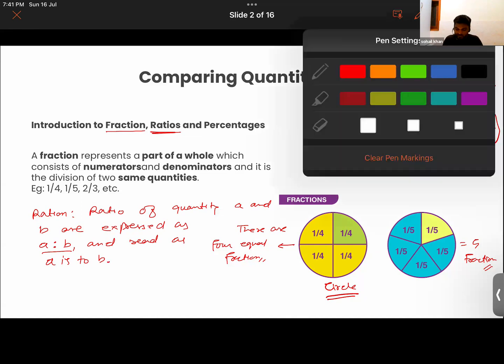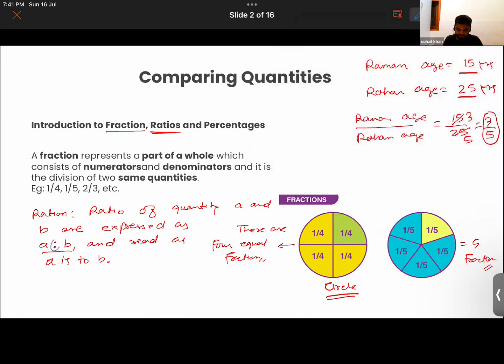So this symbol here, see this symbol here, the symbol which you are seeing here is used to express the ratio.